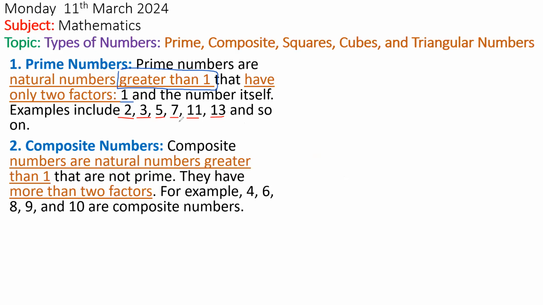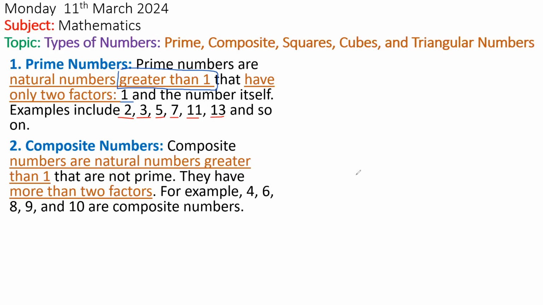Chai, can you read the definition of prime numbers? Prime numbers are natural numbers greater than 1 that have only 2 factors, 1 and the number itself. Examples include 2, 3, 5, 7, 11, 13, and so on. Very good. So only 2 factors, 1 and the number itself.